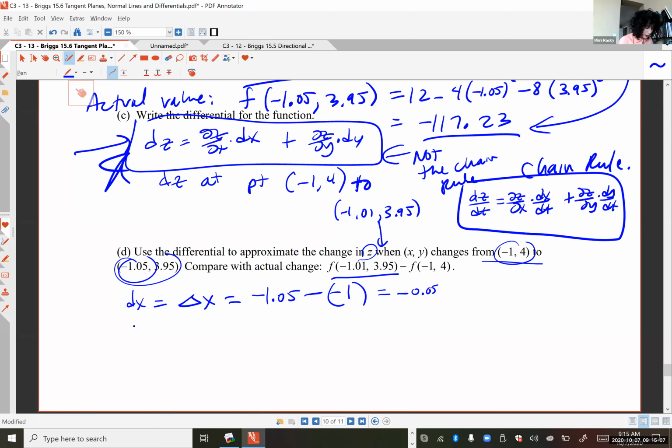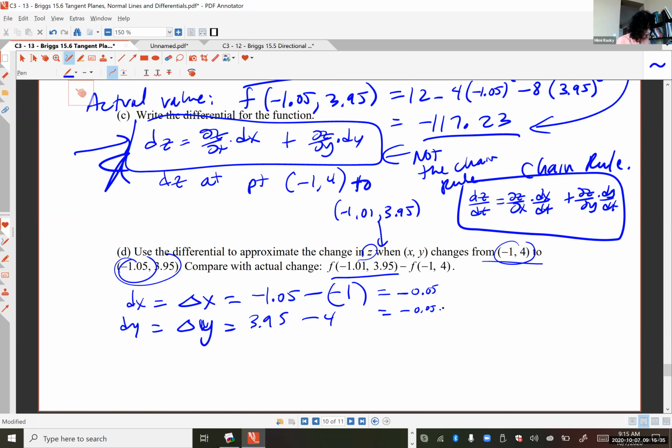And then your delta y is essentially the same as your dy. So you'll take the differences of the y coordinates. So you're going to go 3.95 minus 4. So I think you're also going to get a negative there, yeah? So sometimes your dy's and dx's are negative, not always.